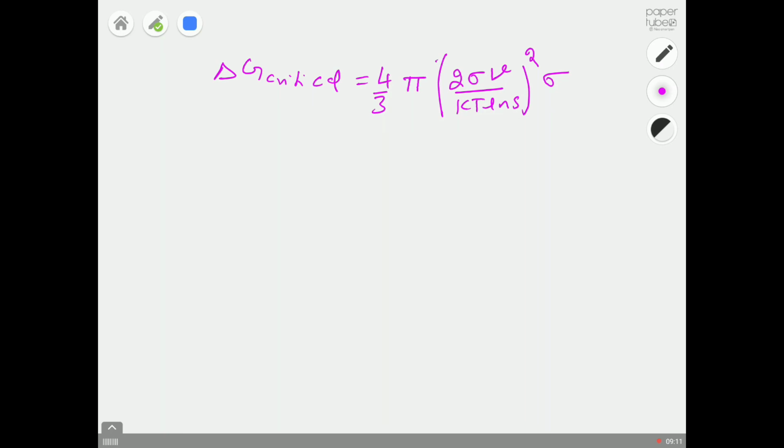So how to do this? This is equal to 4 by 3 pi r squared, where r squared is equal to 4, and then sigma squared, molecular volume to the power of whole squared, multiplied by sigma divided by kT ln of S the whole square.